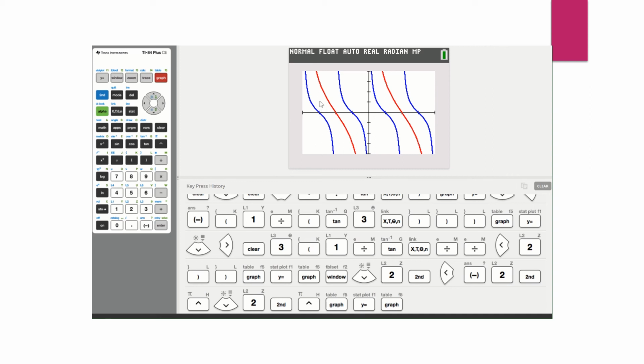This is 3 pi over 2 right here on the left, where I see up here in the top left going down to the bottom right, which is negative pi over 2. This is negative 3 pi over 2 on the left side of this, negative 3 pi over 2 and negative pi over 2. That should give us a period of pi. That's what I'm looking for. Looks good. There we go.